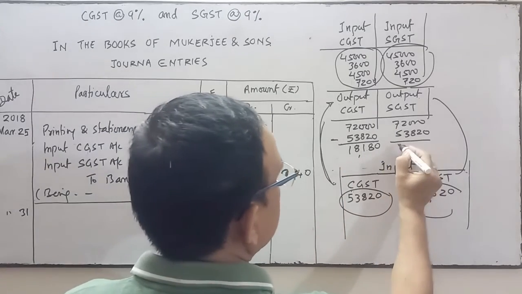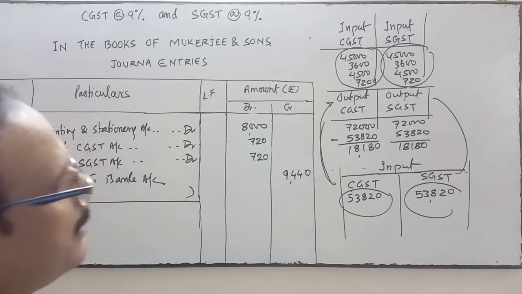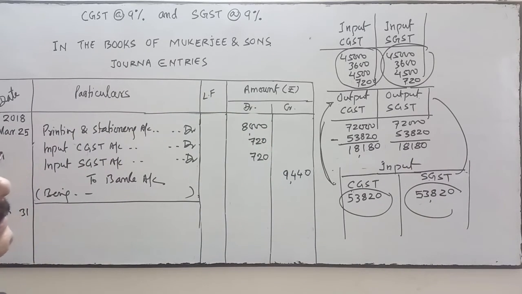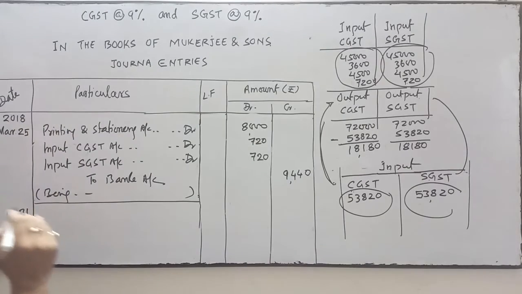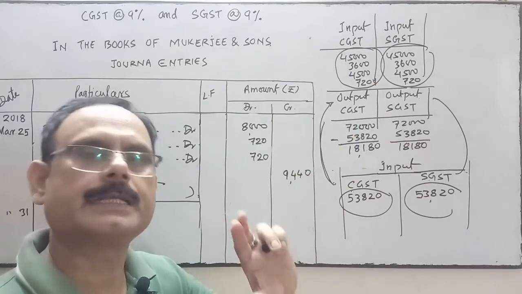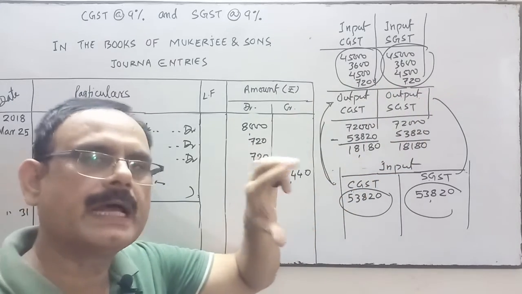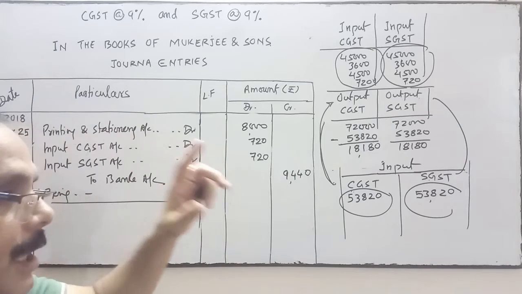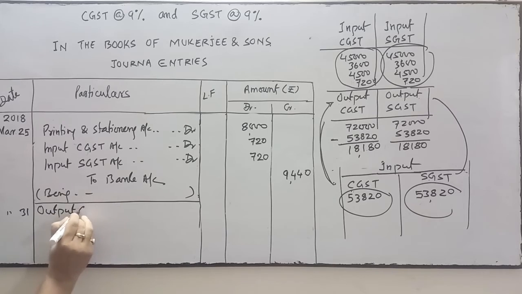18,180. Is it clear? So here the entry will be: output CGST and output SGST were credited at the time of sale. So when we do the adjustment, that account will be debited here.